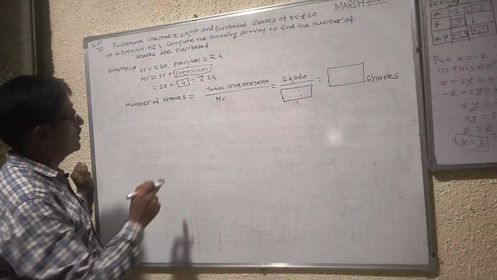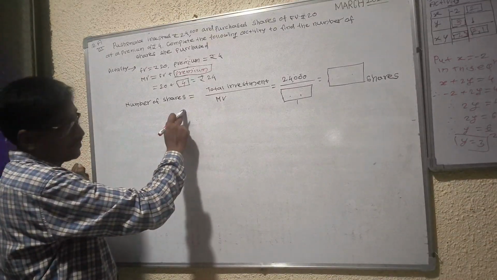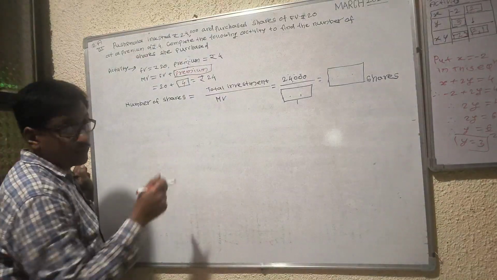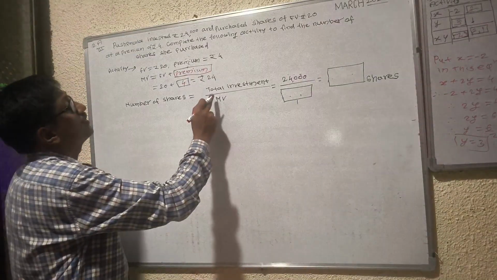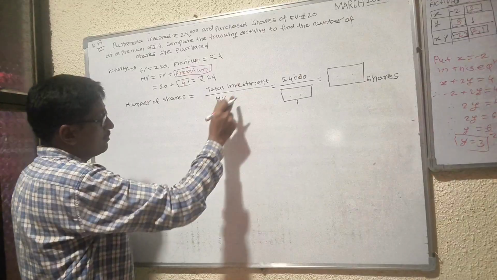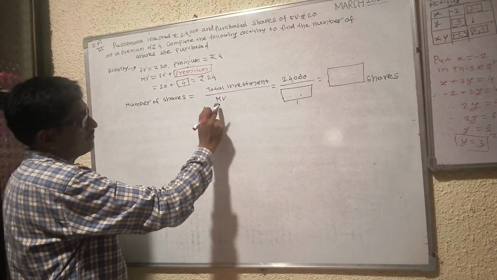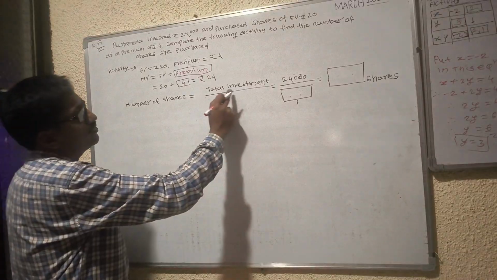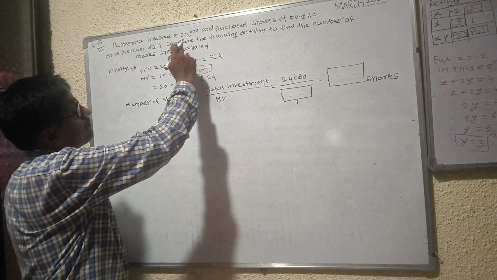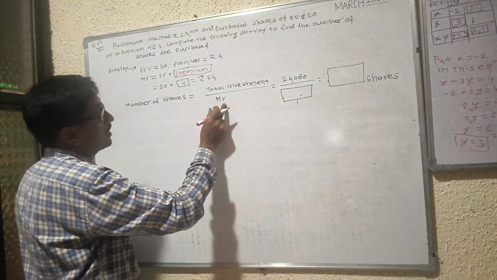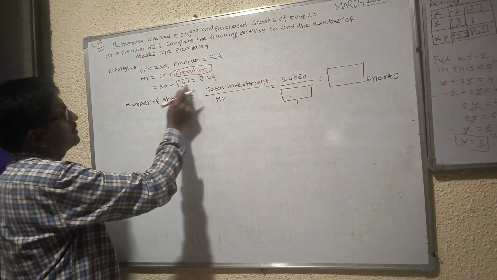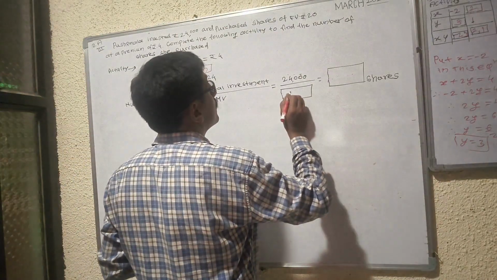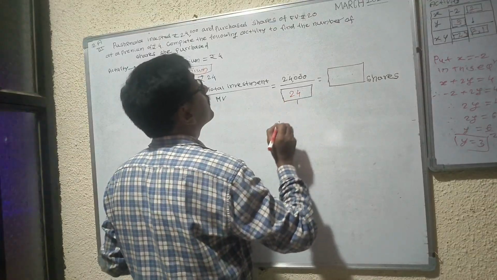We have to calculate the number of shares. This is the formula already given here: total investment upon the price of one share, the market value. Total investment given is 24,000, and the market value here is 24.